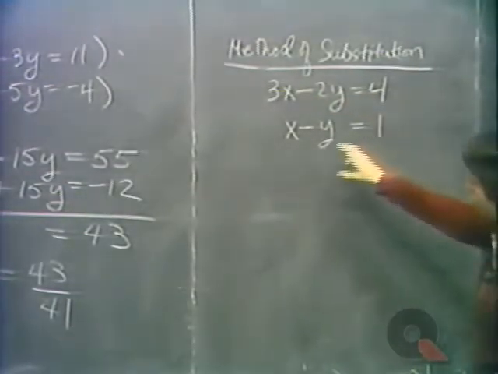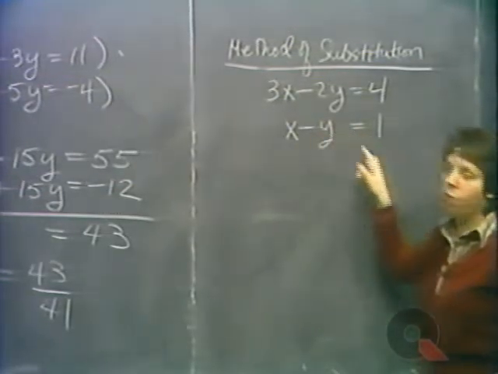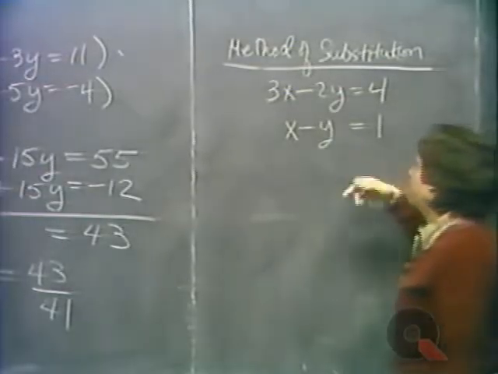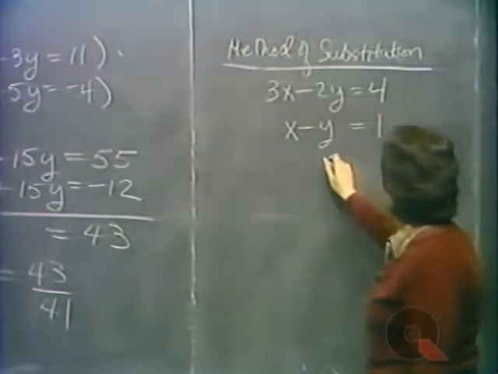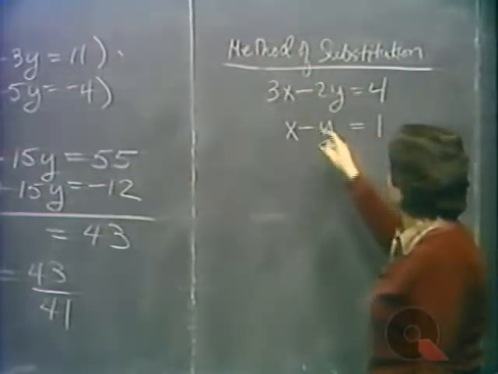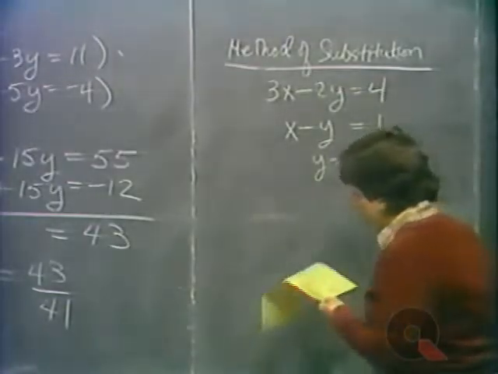What makes this system special is that it's particularly easy to solve either for x or y. If, let's say, you wanted to solve for y in this equation, adding y to both sides, subtracting 1 from both sides, you'd have y equals x minus 1.